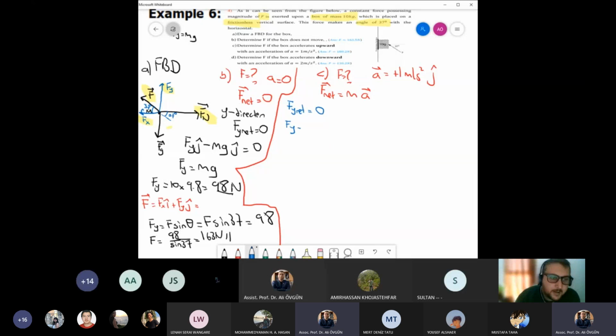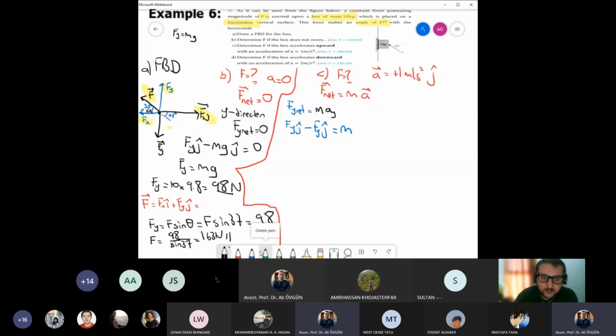Fy J hat minus Fg J hat is equal to, but this is not equal to 0, sorry. This is equal to what? m a y. Because there is an acceleration.